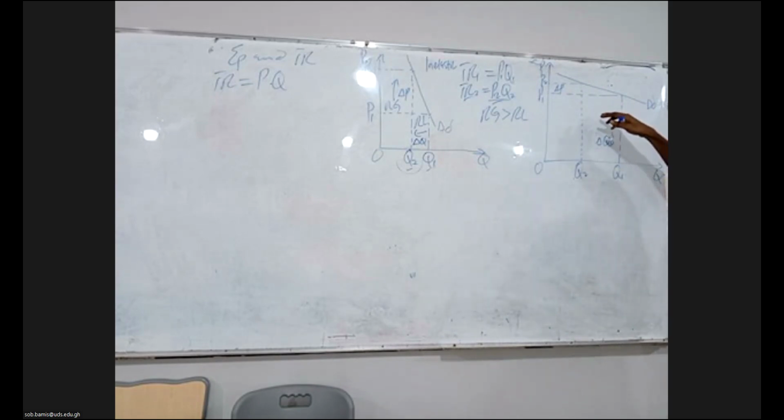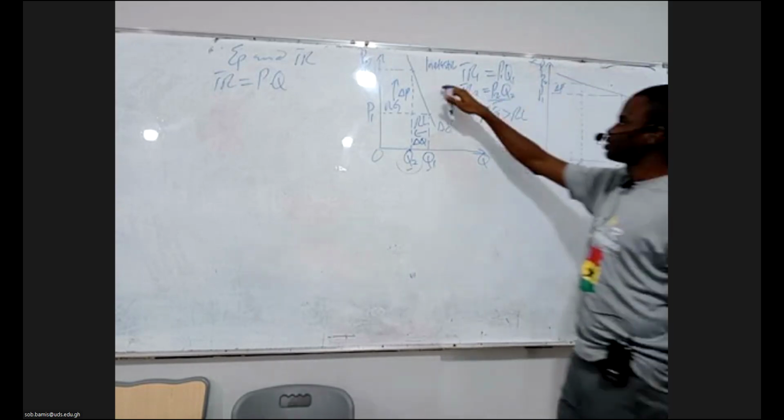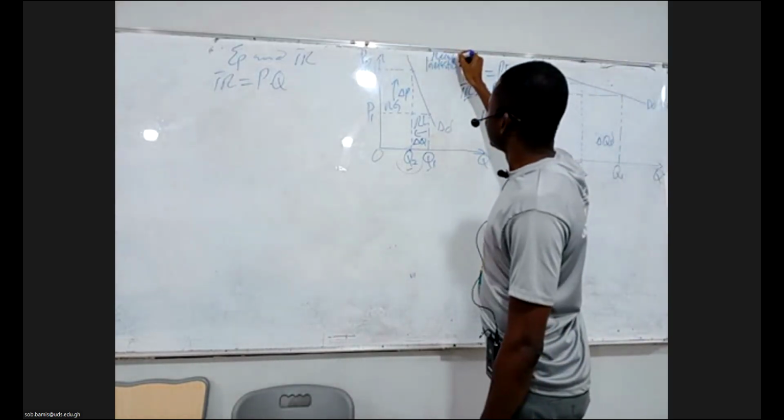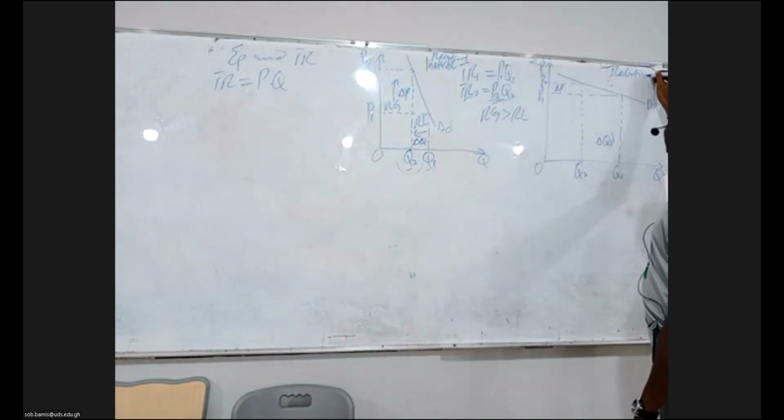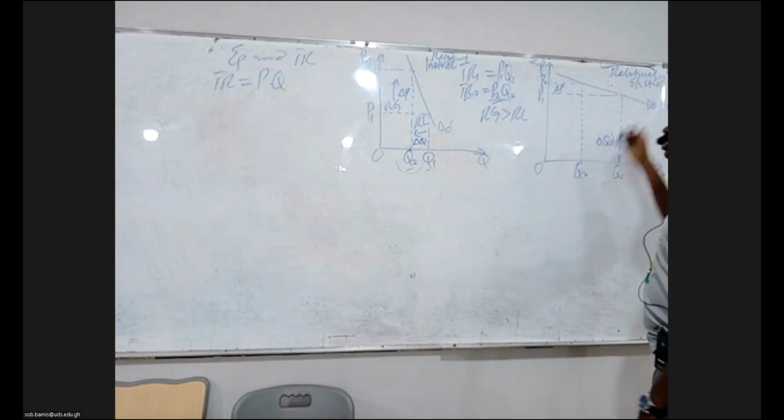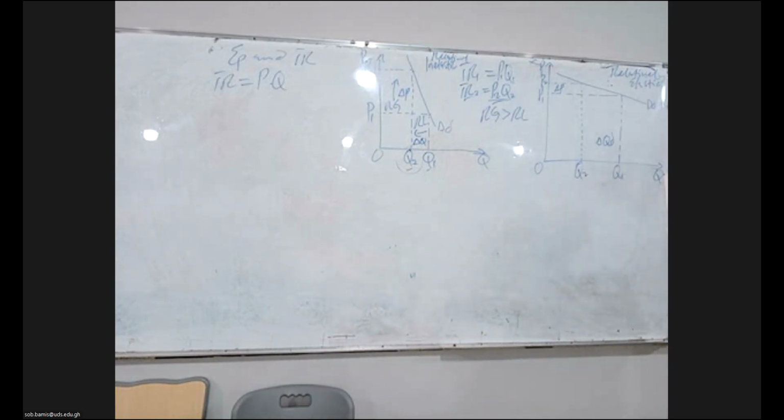And so when it is like this, we say that the price versus demand for the product is relatively what? Elastic. So this was relatively inelastic, and this is relatively elastic. So when there is a small change in price, it brings about a more than proportionate change in quantity demanded.